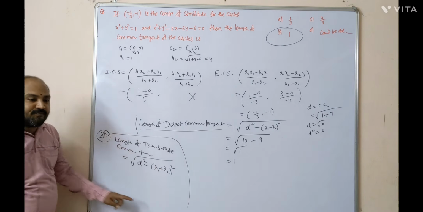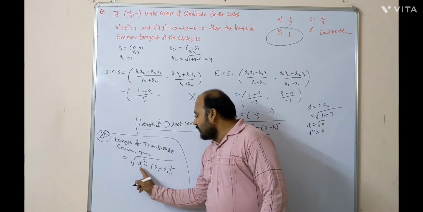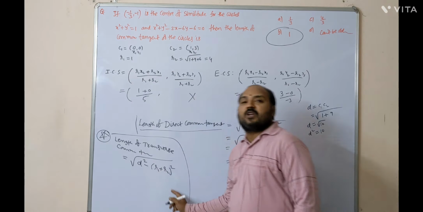That is the difference you remember. For direct common tangent, d² minus (R1 - R2)²; for transverse common tangent, d² minus (R1 + R2)². Transverse means plus, direct means minus. You remember. We'll move on to the next question.